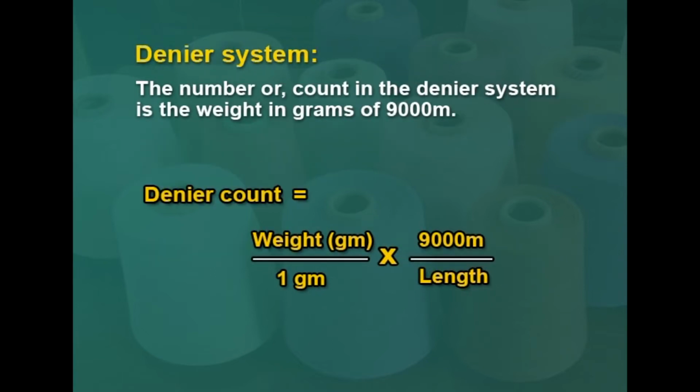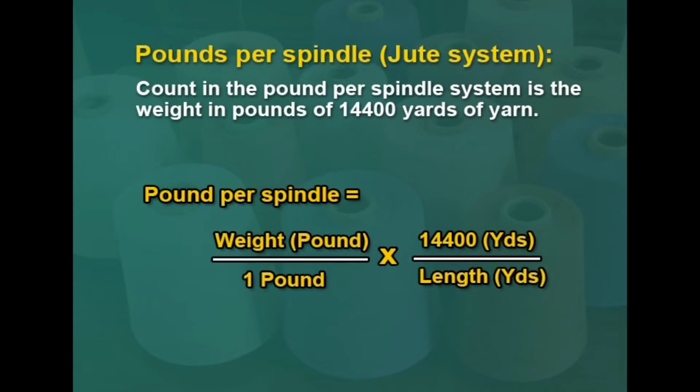And the other one is the denier system, where we have 9000 meters of yarn. So, instead of 1000 meters, here in the denier system 9000 meters are being used. Whereas we have another system called the pounds per spindle system for the jute, where if 14,400 yards of yarn is weighed per 1 pound, then it would be a 1 count for that. So, similarly, the formula can be arrived at by replacing the previous units, maybe the yards and the pounds.